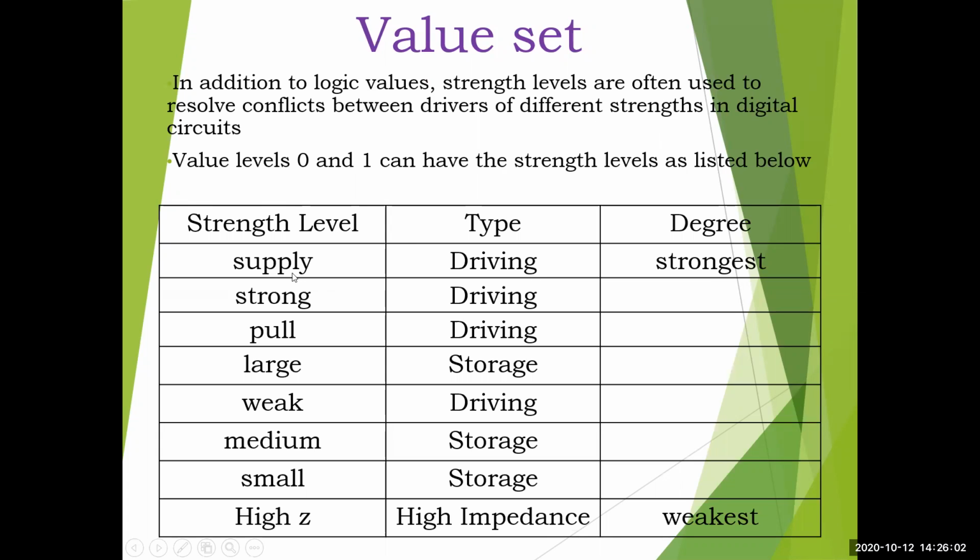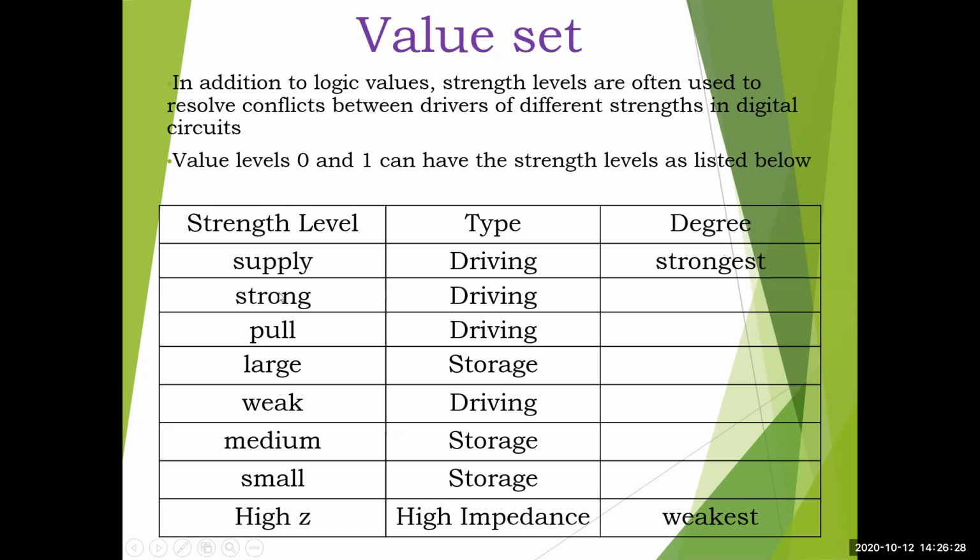Supply: whatever power supply we give, 0 to 5 volt or 12 volt, that will be the strongest degree of strength, and it is the driving type. Similarly, strong drive. This is the strongest and this is the weakest, and in between, the degree of strength will decrease.